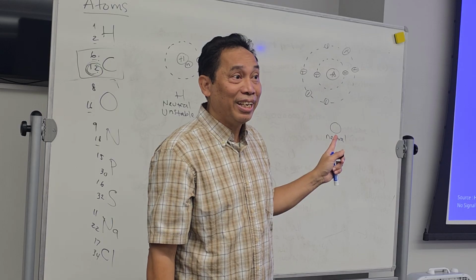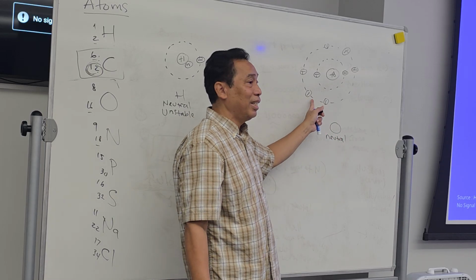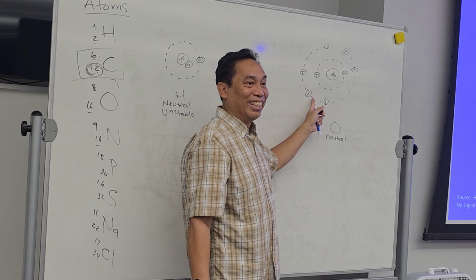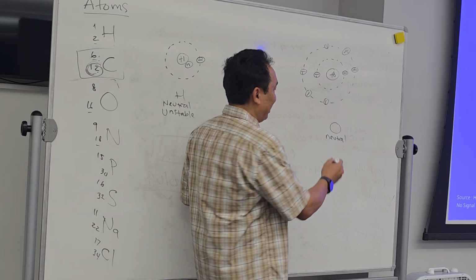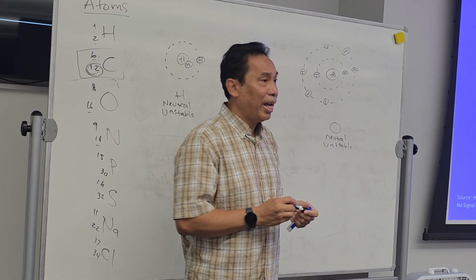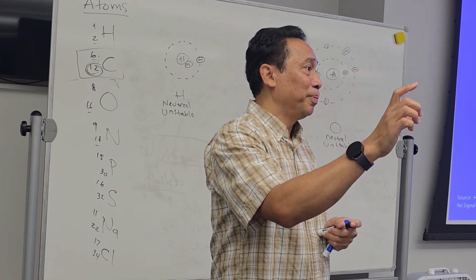What does the second rule say? 8, right? How about here? How many? Is it already okay or not? It's not, right? It's also unstable. It means that you will never find oxygen atom by itself in nature.